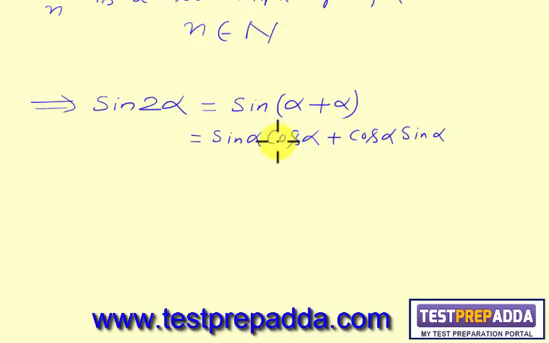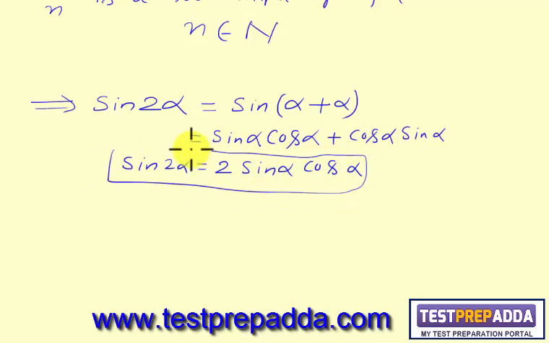Fortunately, both are same. So it becomes 2 sine alpha cos alpha. So a very interesting identity we got here. Sine 2 alpha is equal to 2 sine alpha cos alpha.